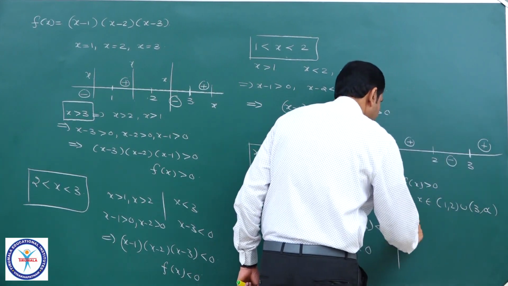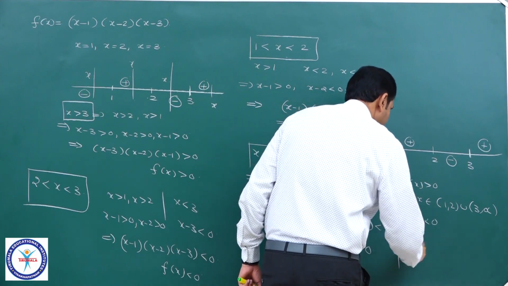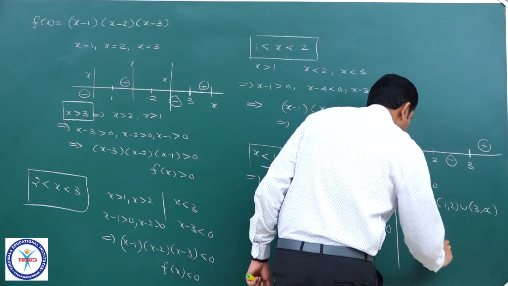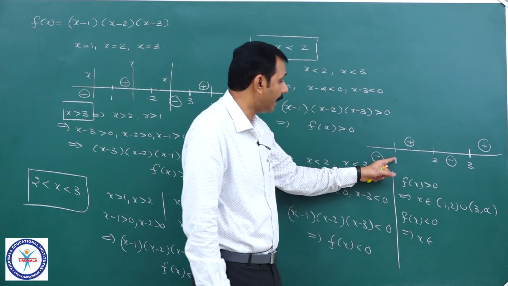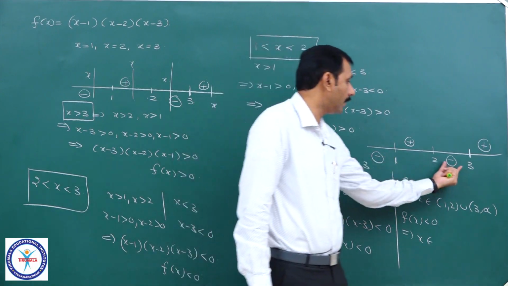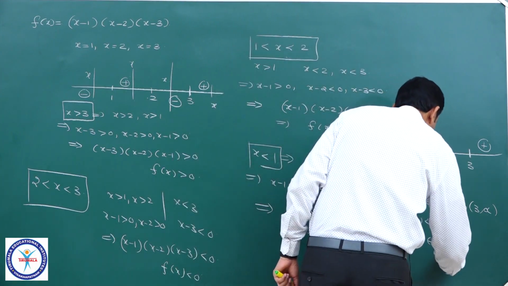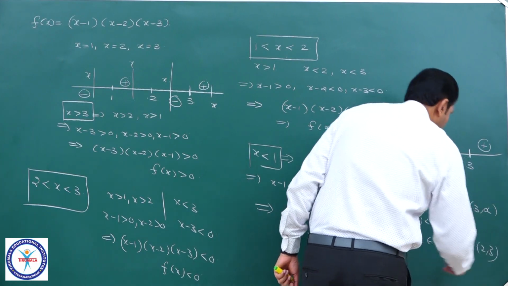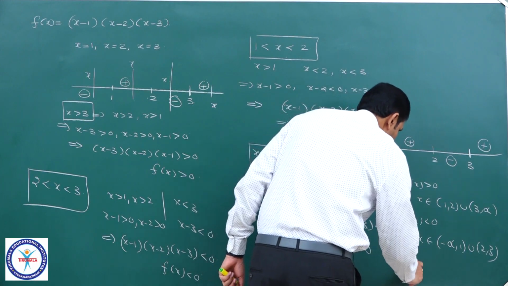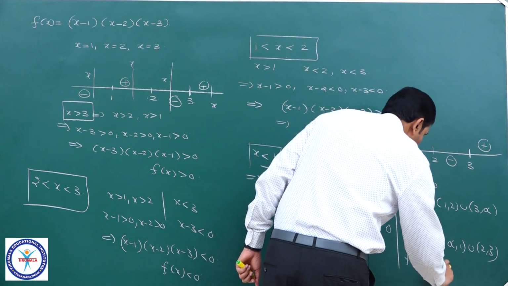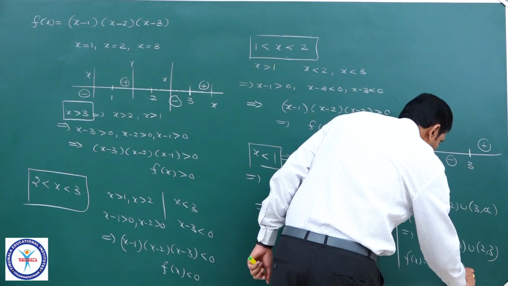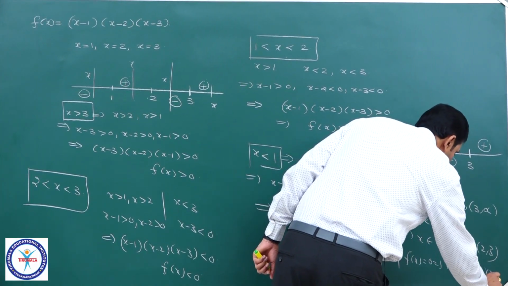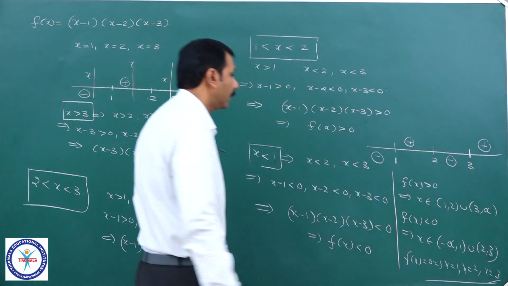And where it is negative, f of x less than 0 means x belongs to minus infinity comma 1 union 2 comma 3. And of course, where it is equal to 0 implies x equal to 1, x equal to 2, x equal to 3.